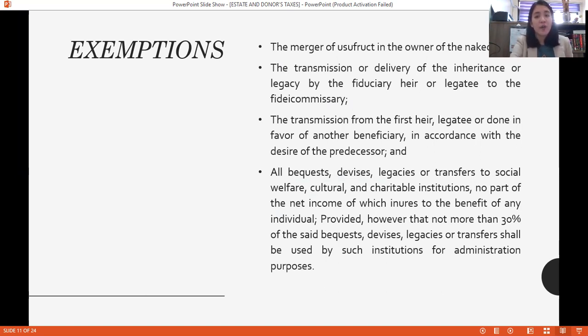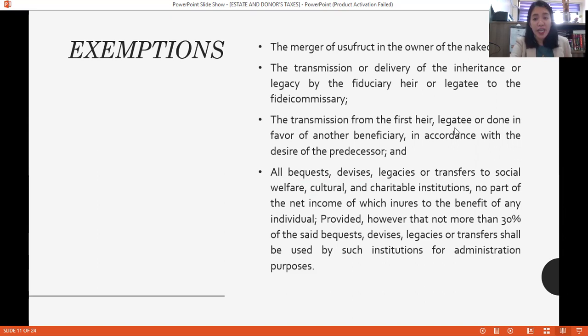Kasi yung first transfer is kung na-subject na yun sa estate tax and later on mapunta kay fideikommissary, parang si fiduciary held in trust lang yun sa kanya, yung property, hindi talaga siya yung heir. And therefore, yung transfer from the fiduciary heir to the fideikommissary is not subject to estate tax. At saka yung mga substitution of heirs, di ba?